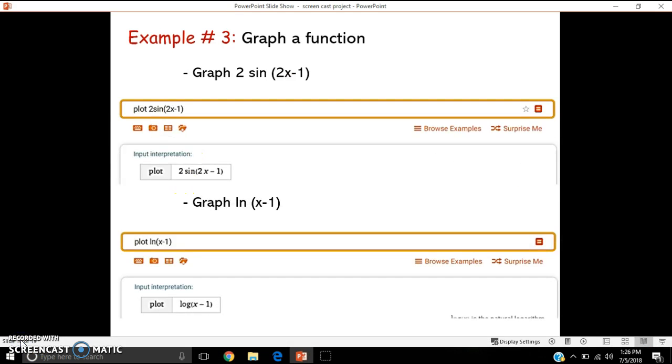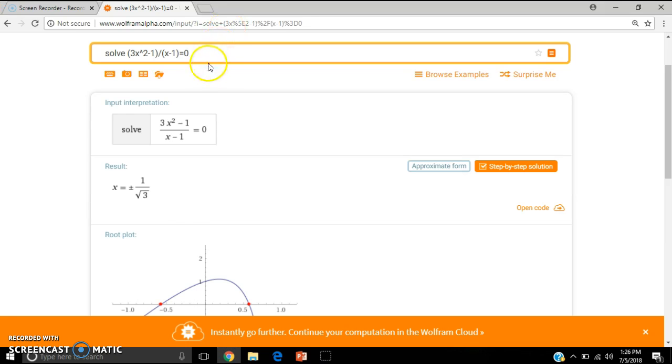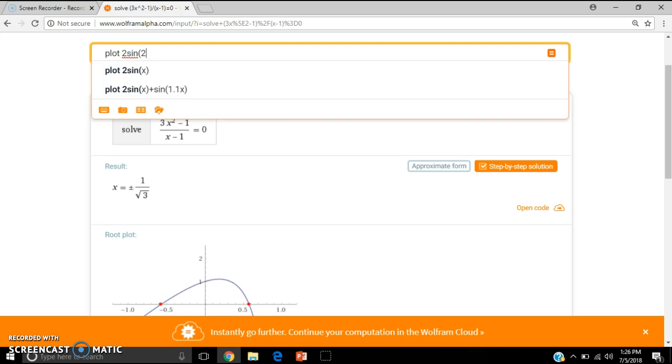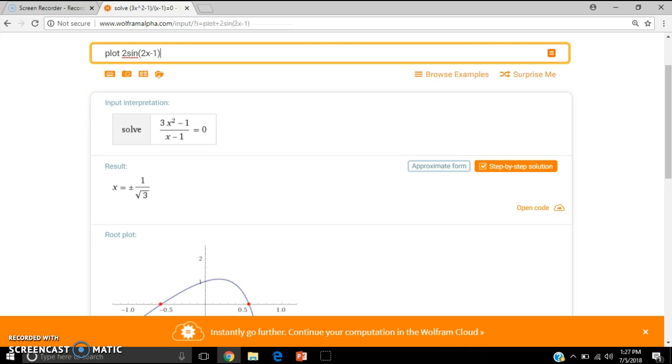In example number 3, we'll see how to graph a function using Wolfram Alpha. We just need to type plot and then write my function, which is 2 sine 2x minus 1.